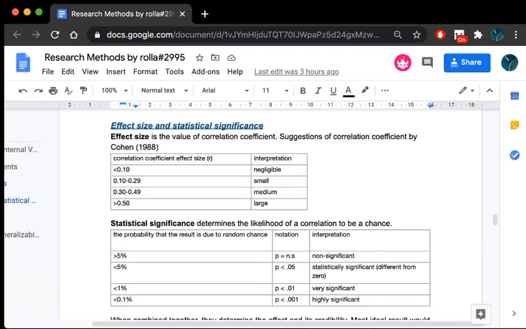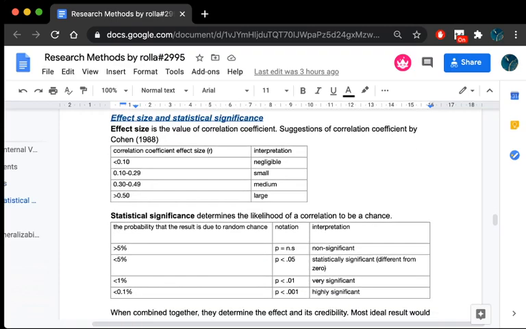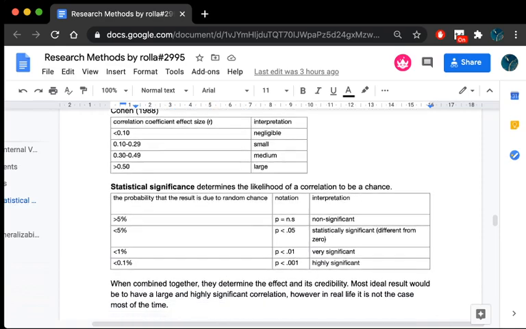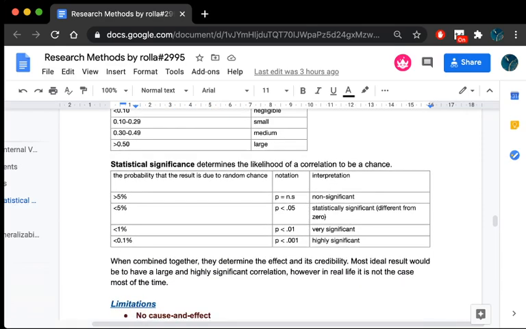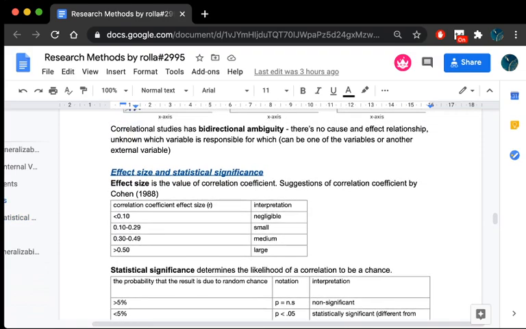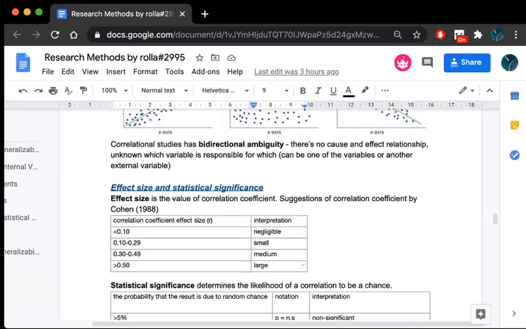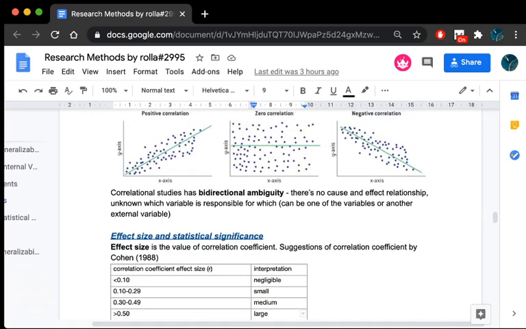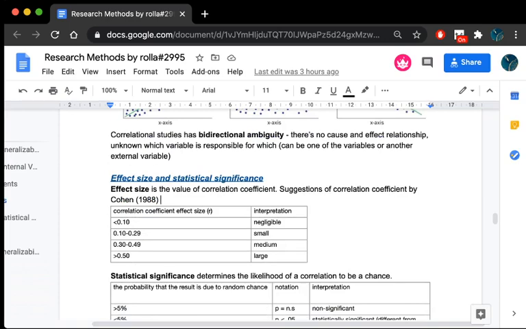You don't even need this in your studies, but might as well explain it. So usually there's the correlation coefficient effect size. It measures whether there's a lot of spread or a little spread in the relationship between the two variables.